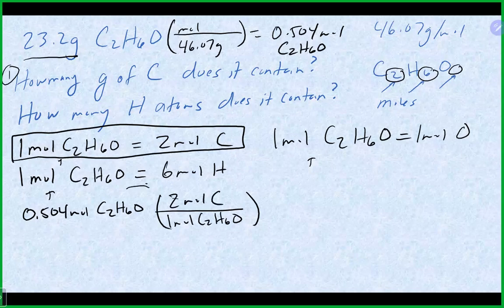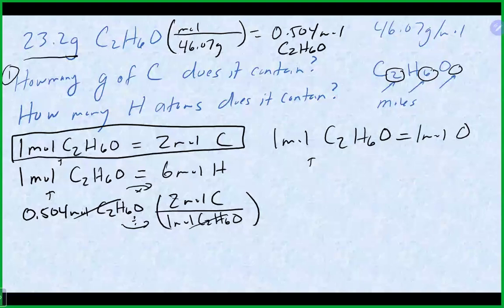If I did my normal dimensional analysis, multiplying the top, dividing the bottom, the moles would cancel. And if I stopped right at this point, the unit I would be in is moles of carbon, right? Using the actual formula as a conversion factor allowed us to go from the whole thing to just the carbon element in there.